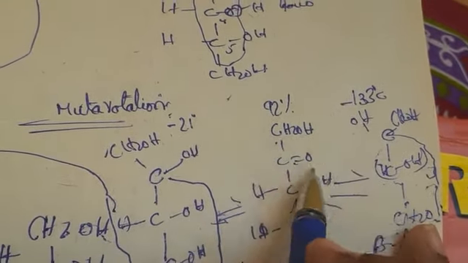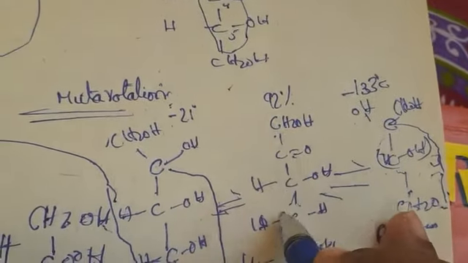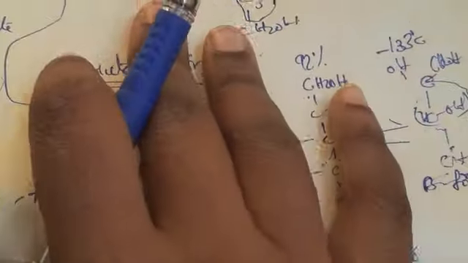Whichever form we take, the alpha form rises and the beta form decreases until the constant value of fructose is obtained. Okay, so this is about mutarotation of fructose.